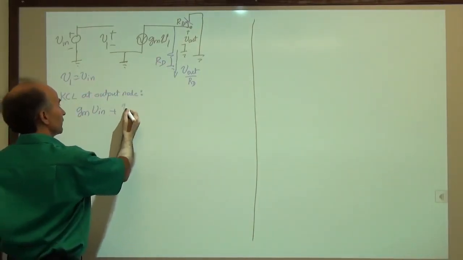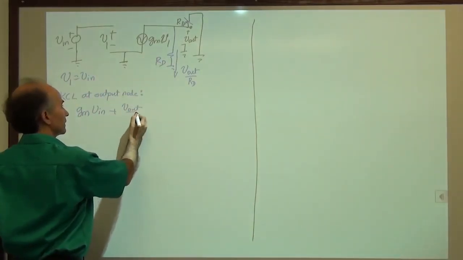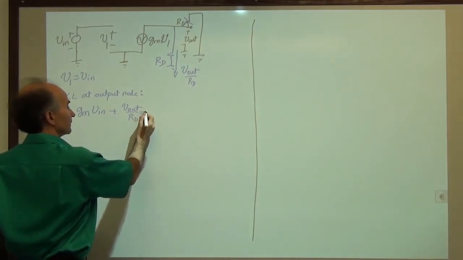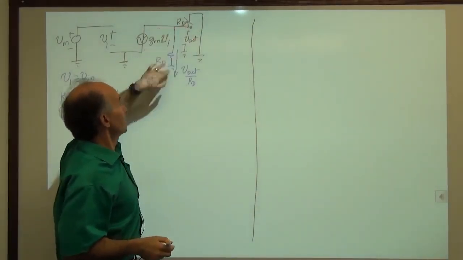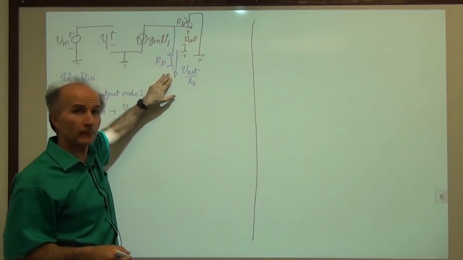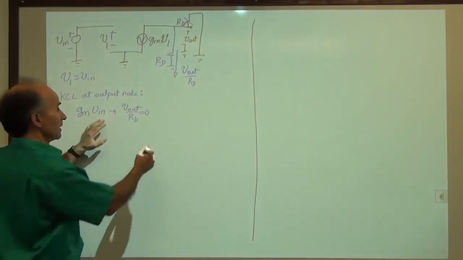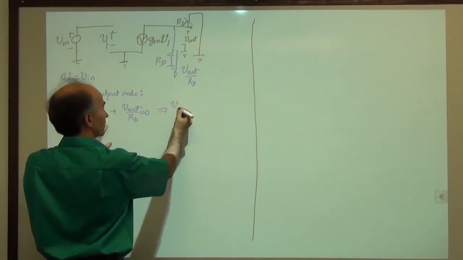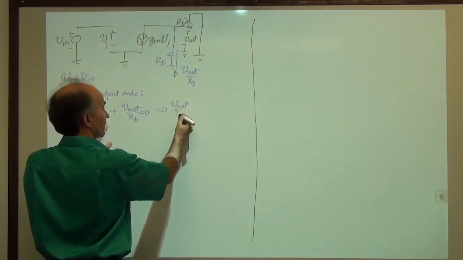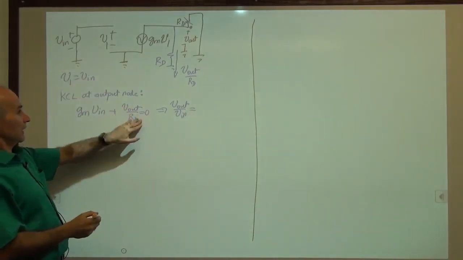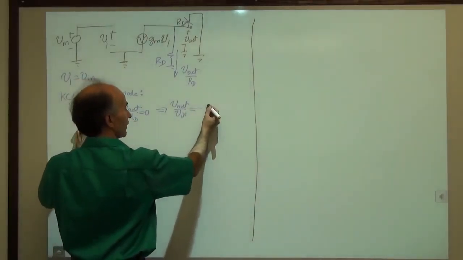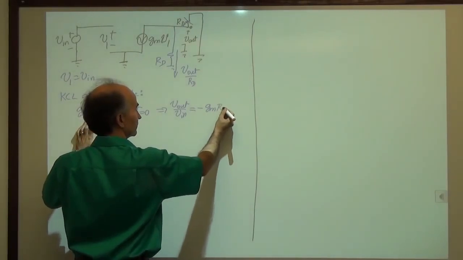So plus V out over RD must be 0. There's nothing else, right? Because we took that out and placed it over here. So what does this tell me? It tells me that V out over V in is equal to, if it goes to the other side, multiplied by RD, we have minus GM RD.